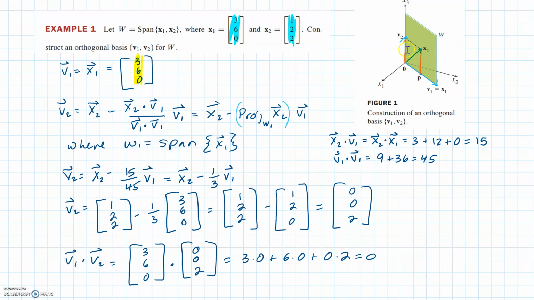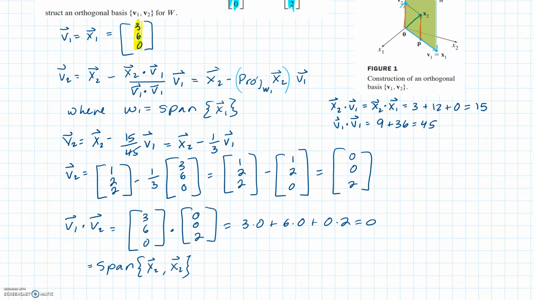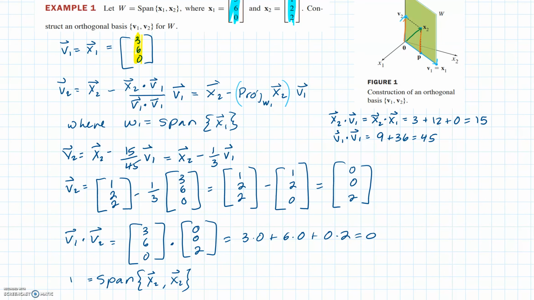Notice how V1 and V2 are in the W plane, and V1 and V2 do span all of W. So it is true, the second part of it, that the span of x1, x2, which is W, is equal to the span of V1 and V2.